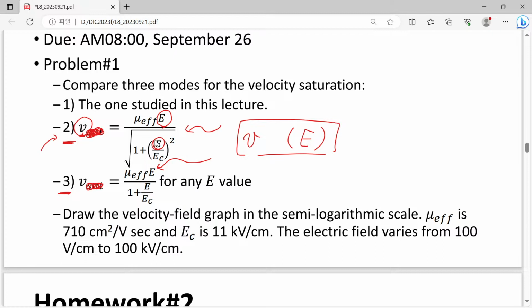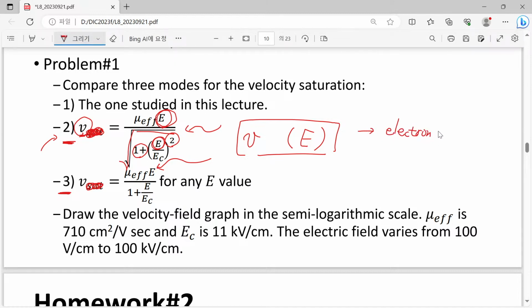When we have an electric field, first we take the square and add something and take the square root, and here we have E. This second item is known to be good for describing our electrons, and this third one is known to be good for our holes.